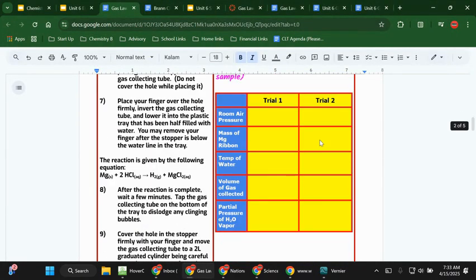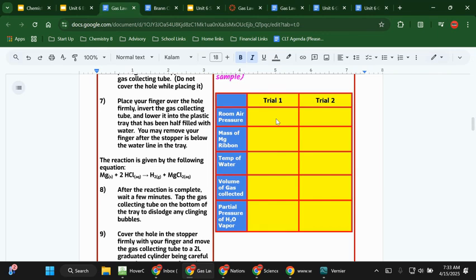So you can go here into this table, and under room air pressure, you can type in that number for both trial 1 and trial 2. Okay? Please remember to put units with it, otherwise you will not get full credit down there because there are no units in that table.